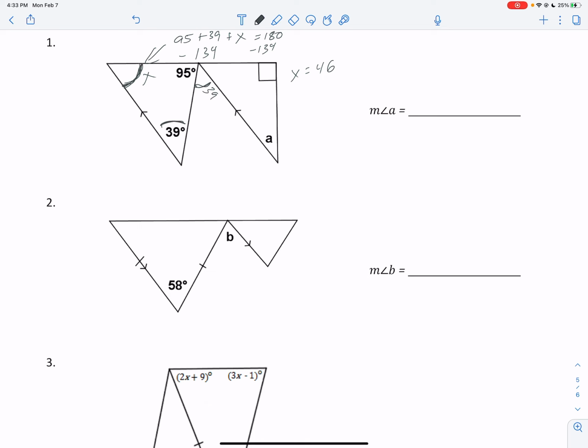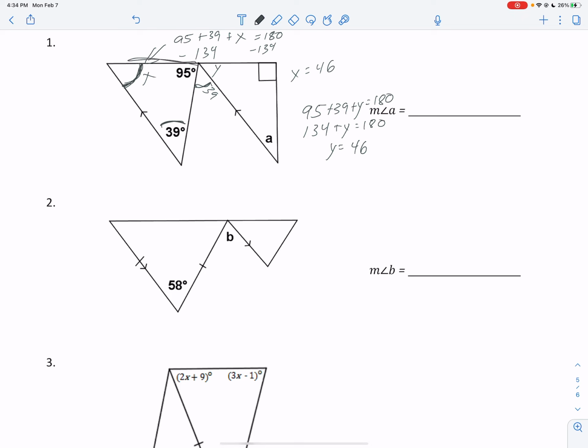And then, if I have that as 39, I can get 95 plus 39, call this y, plus y equals 180. And then I can figure out what y is, so I get another one of those cases where I get 134 plus y equals 180. So y has to be equal to, subtract that, and I get 46 as well, which is kind of cool. But it's also a corresponding angle with that other one, but that one's a lot harder to see, I promise you.